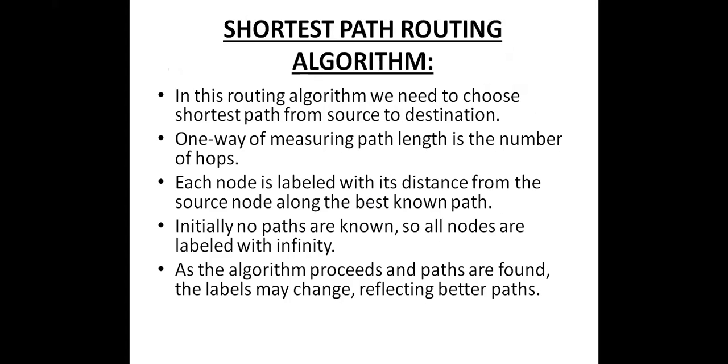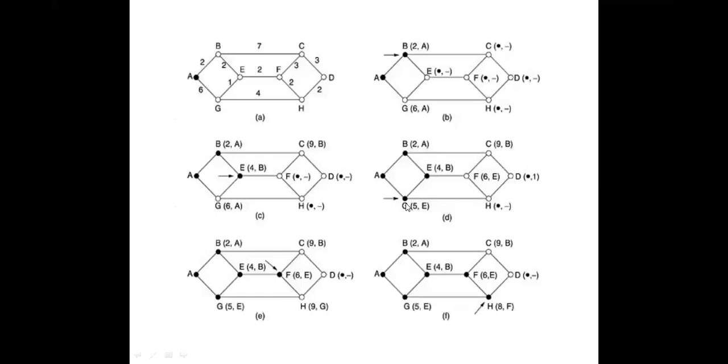What is the shortest path to reach the destination? In order to know that, we go for the shortest path routing algorithm. Each node is labeled with the distance from the source node along with the best known path.